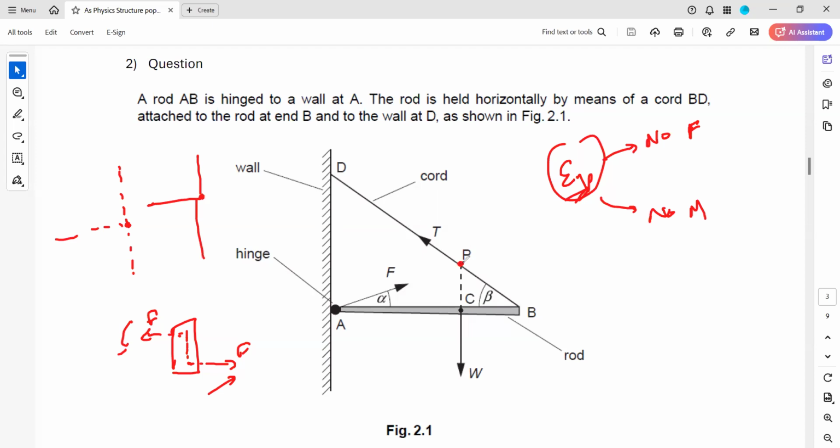If I mark this point P, the force F is there, the force T is there, and the force W is there. So they meet at a single point. This gives evidence that it should be in equilibrium. So to write an answer: the object is in equilibrium, there should be no resultant turning effect or no resultant moment, so all the forces should start from a single point. That's why F, T, and W will meet at point P. Is it clear?